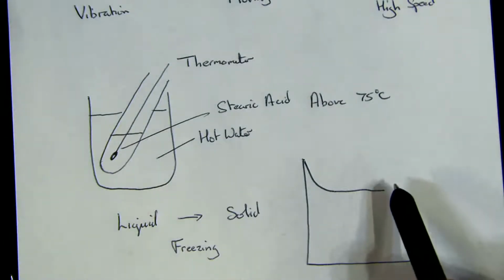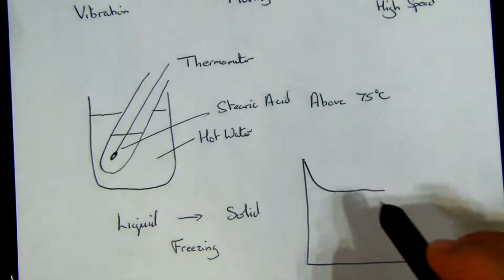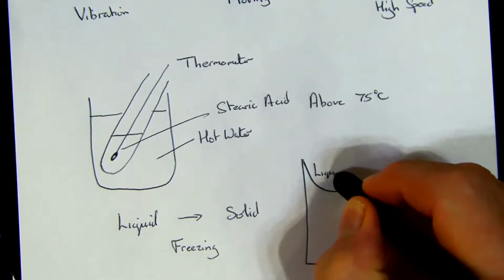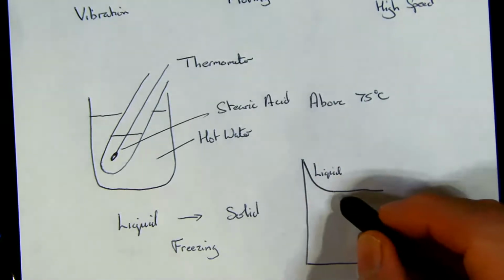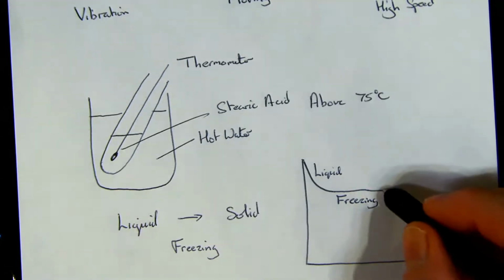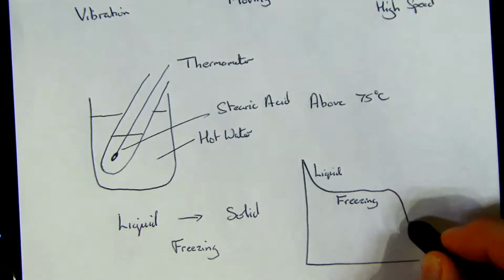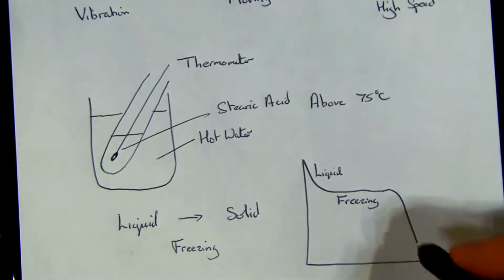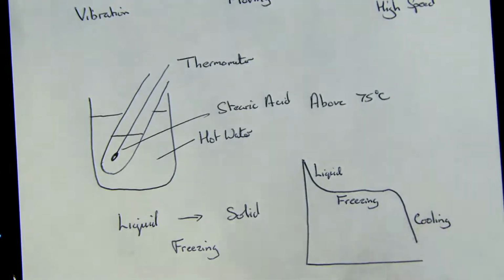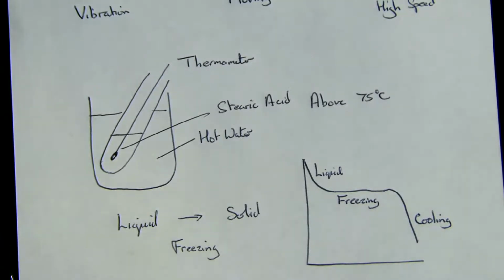Now, what I'm expecting next is when we've got it all from a liquid phase, and this is the freezing phase, then I'm expecting this to start falling as we get more cooling taking place.